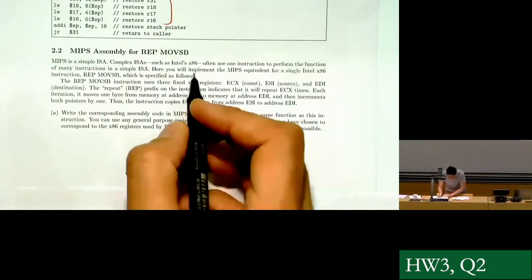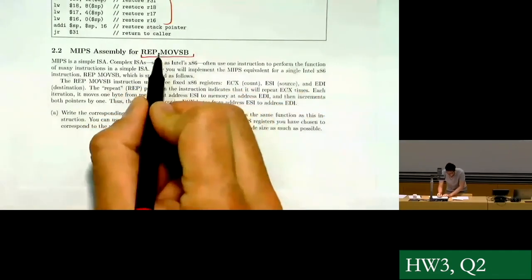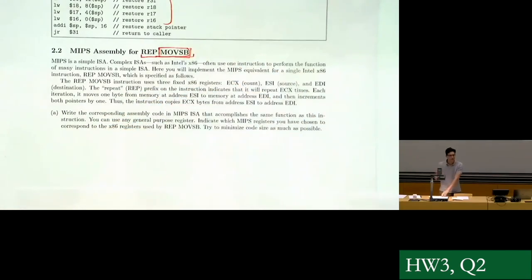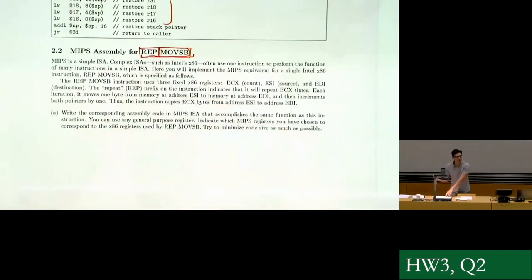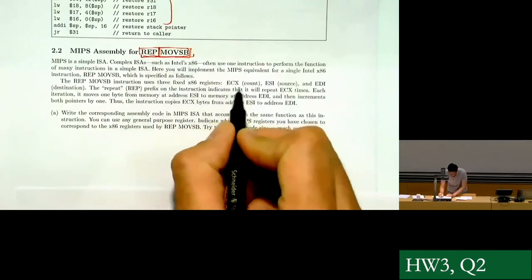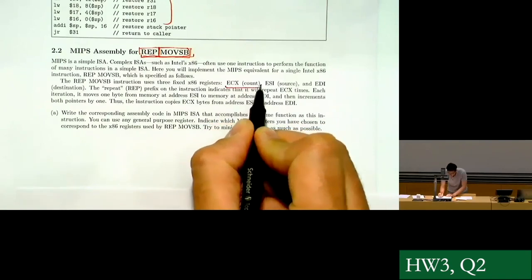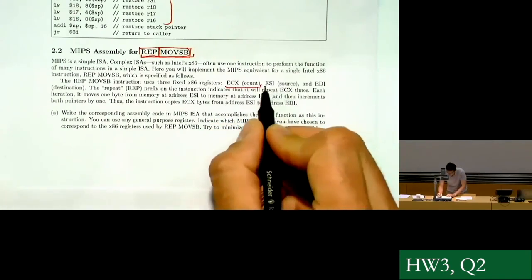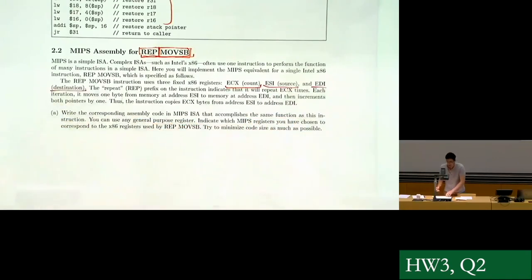This x86 instruction is rep movsb. The movsb part means that we are moving bytes, and the rep part means that this is going to be repeated several times. This instruction has 3 registers. There is one count register, ECX, and then we have one source register and one destination register.